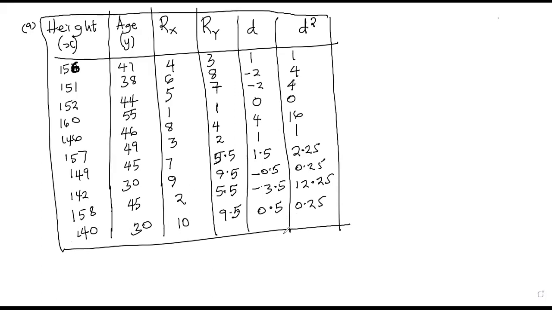Now we need to take the summation of the d squared, because from the formula we need that summation, right? So the summation of d squared equal to 1 plus 4, 5 plus 4, 9, 10, 36, 38.25, 38.5, 38.75.